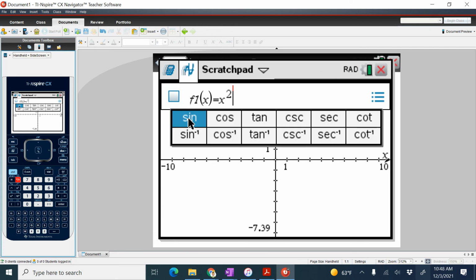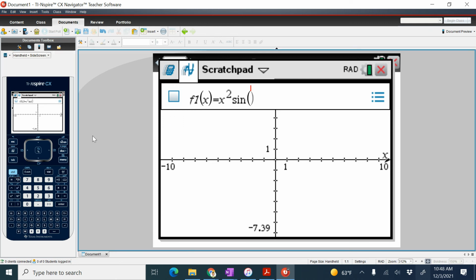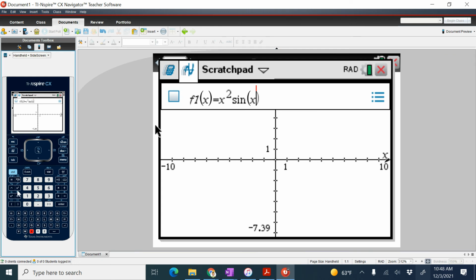Sine is hiding under the trig button. Once you've got it, go ahead and hit enter.